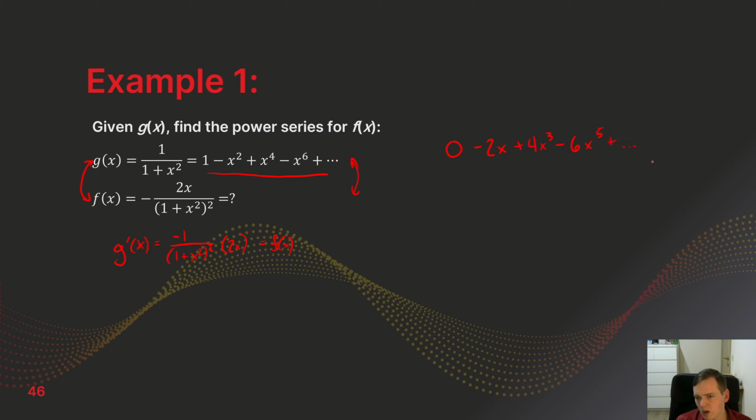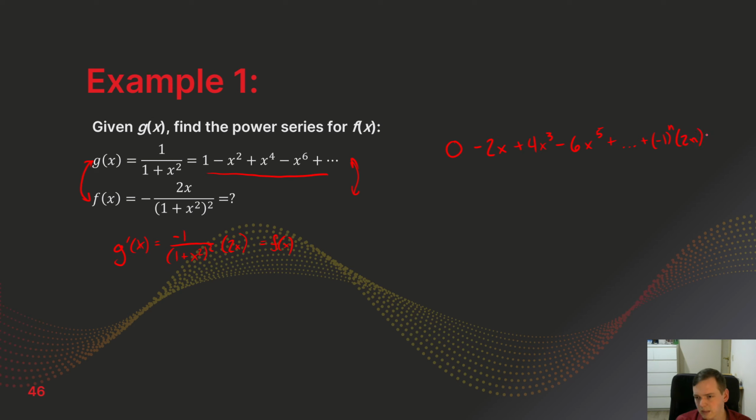The derivative of x to the 6th will be 6x to the 5th. And if we keep going, we'll see that the nth term should be 0, 2, 4, 6. So we see that these increase by their alternating series, so negative 1 to the n, times 2n.